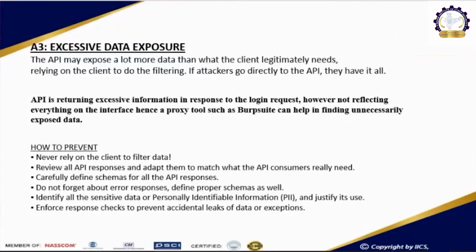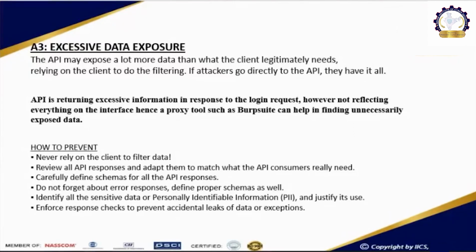So we have to review all API responses, not only that request, but all responses also. That means what the API is responding with, what type of data and all those things, and adapt them to match what the API consumers really need. Means if an API consumer needs only specific content of some resources, he should only get that, not more than that. Next we have carefully defined schemas. We have to define schemas here, as APIs work on different levels with different schemas.